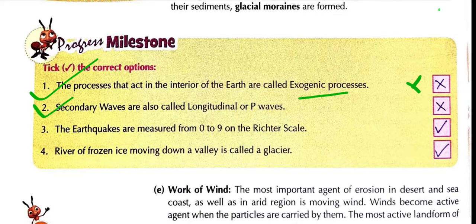Secondary waves are also called longitudinal or P waves. False. The earthquakes are measured from 0 to 9 on the Richter scale. True. A river of frozen ice moving down a valley is called a glacier. True.